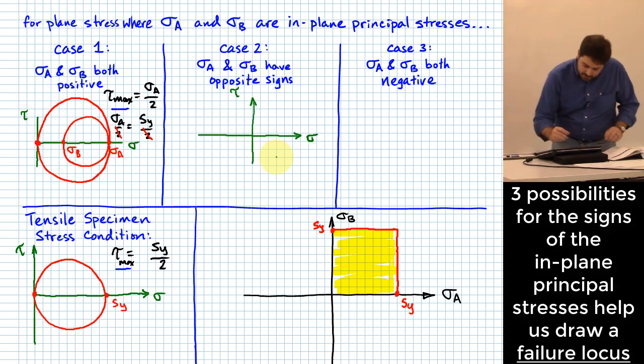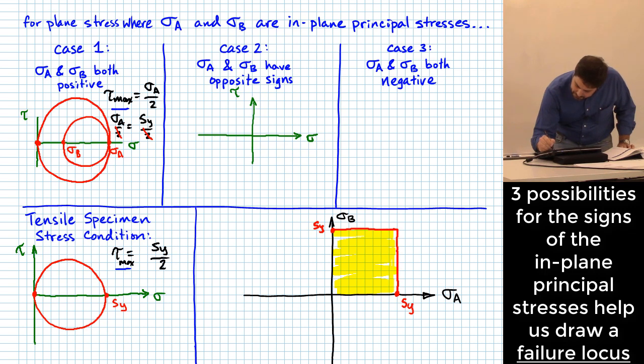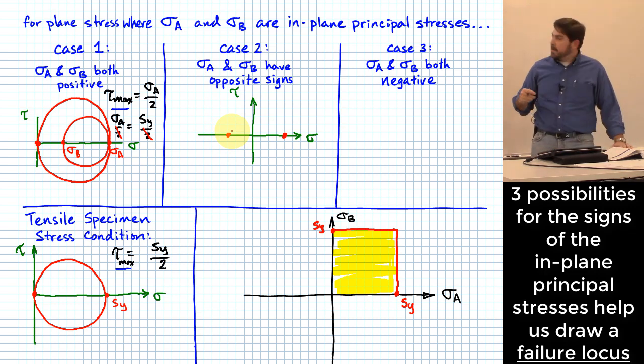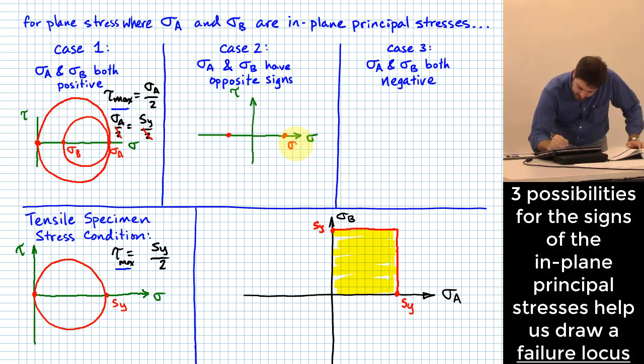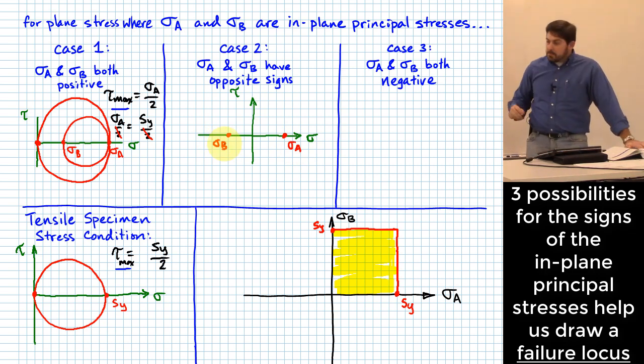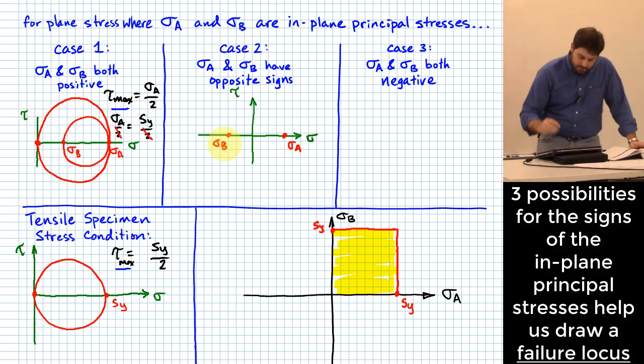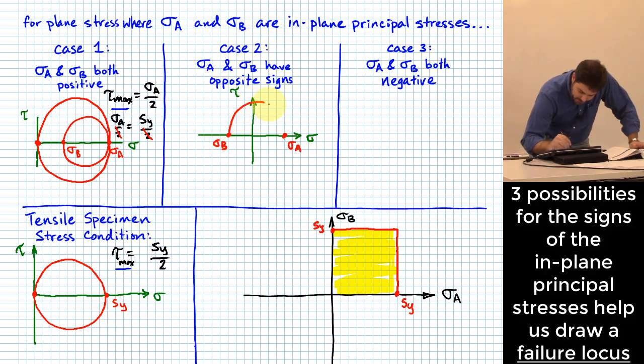If I have my in-plane stresses set up so that I have one that's positive and one that's negative, let's say that's sigma A and that's sigma B, my in-plane stress Mohr circle would look like this.